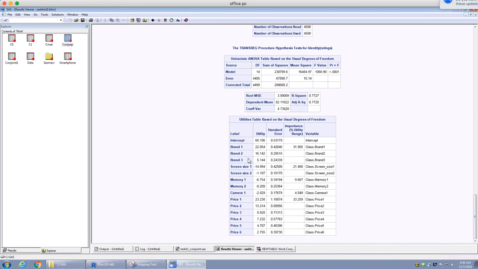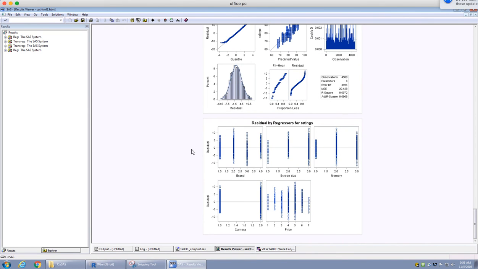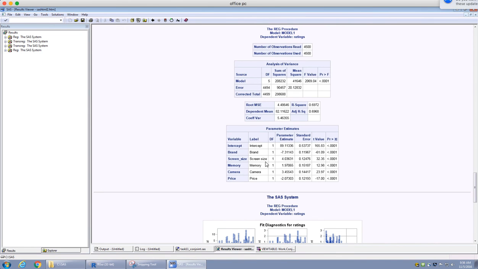Okay, and I'm just going to run a regression on this, because some people just use this to look at the importance of each attribute. So I'm going to run a regression on the same file here. Okay, now you can probably notice there are some preference estimates for parameters.